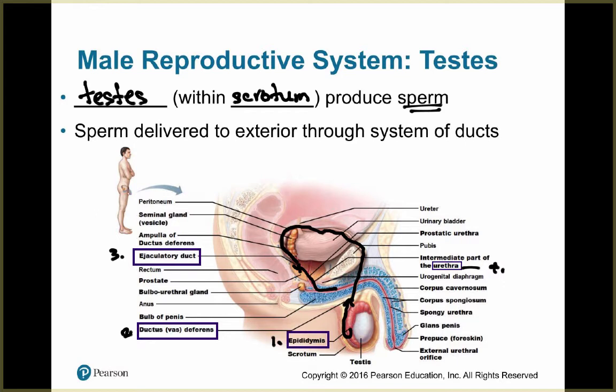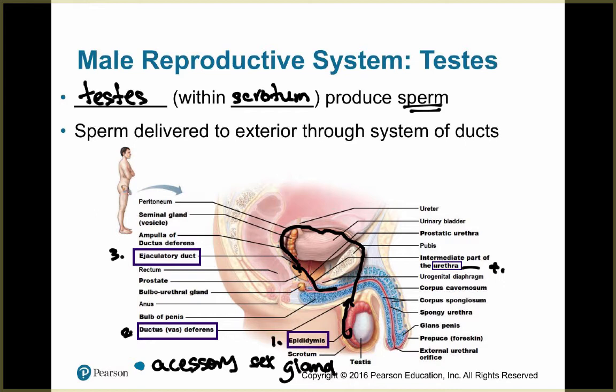Now, this is the duct system that it goes through, and there are also accessory sex glands in here that basically help with the movement of sperm through this.